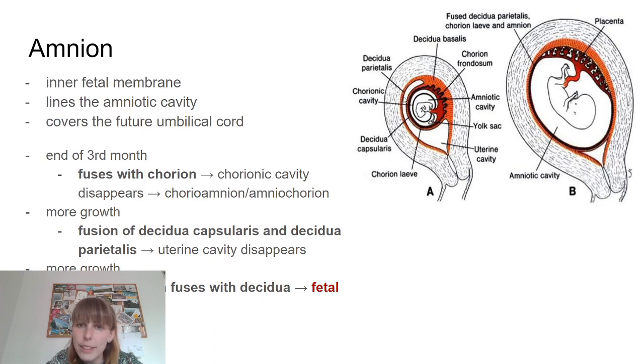So this is the first thing that will happen, and then the embryo and the amniotic cavity expand even more, and then this whole thing will grow all the way to the wall, the free wall of the uterus.